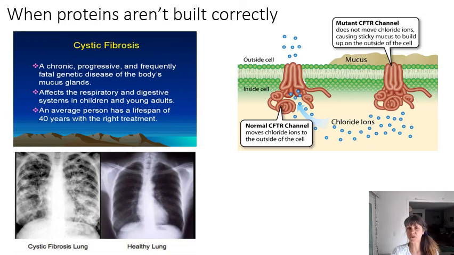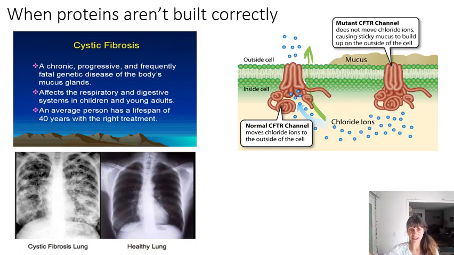supposed to move chloride ions out of the cell don't do their job, and chloride ends up staying inside the cell. What happens is people who suffer with cystic fibrosis, which by the way is a chronic, progressive, and often fatal genetic disorder, remember DNA, that's where the instructions on how to build proteins, that's our genes, right?